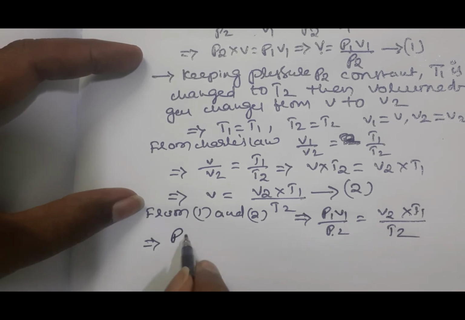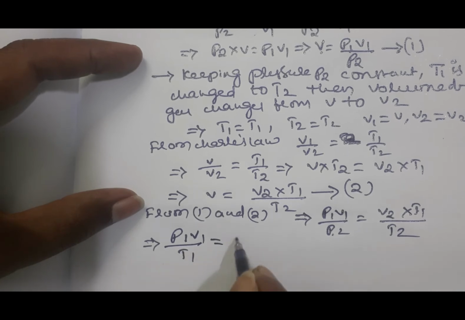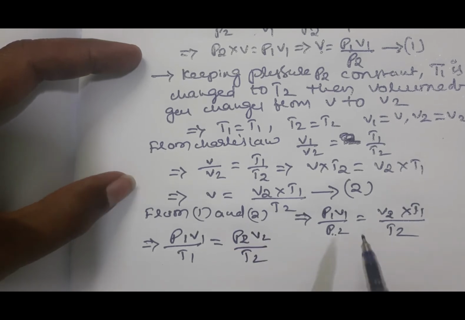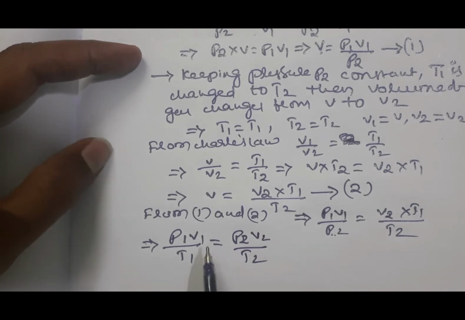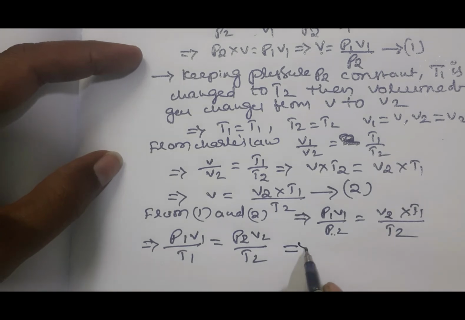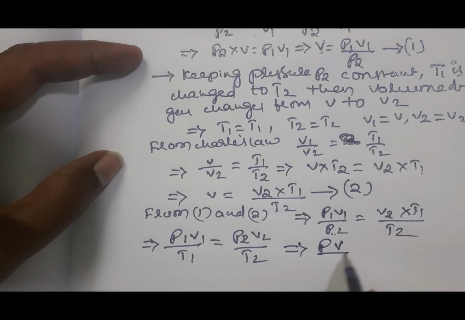Then it can be written as P1 V1 by T1 is equal to P2 V2 by T2. Suppose we take 3 cases, then it will be P1 V1 by T1 is equal to P2 V2 by T2 is equal to P3 V3 by T3 is equal to P4 V4 by T4 and so on. So this implies PV by T is constant.